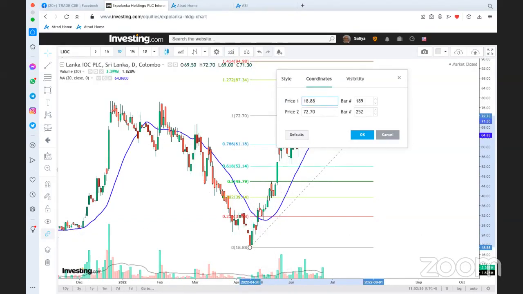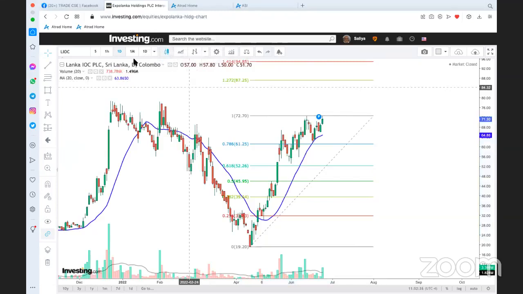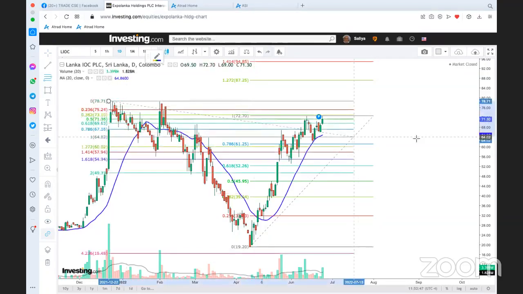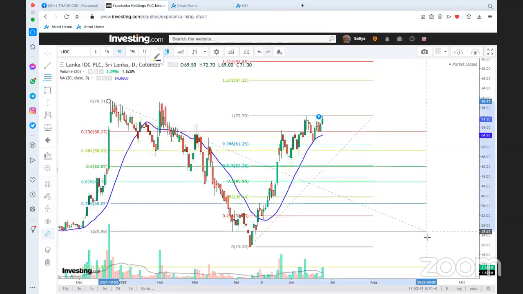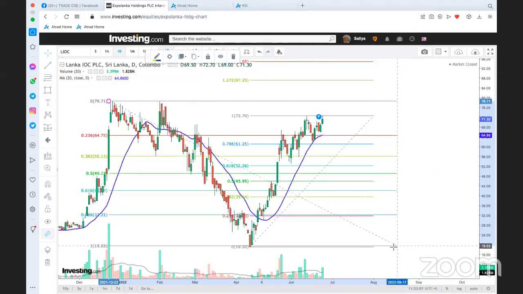1920 is the lowest. Then from here, this is 78.70, this is 78.50. So this is high to the 1920. We'll have the same size.